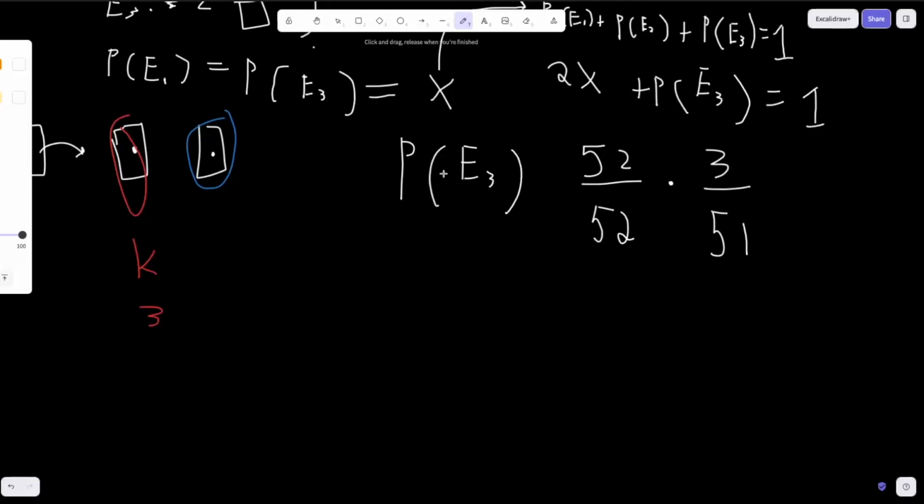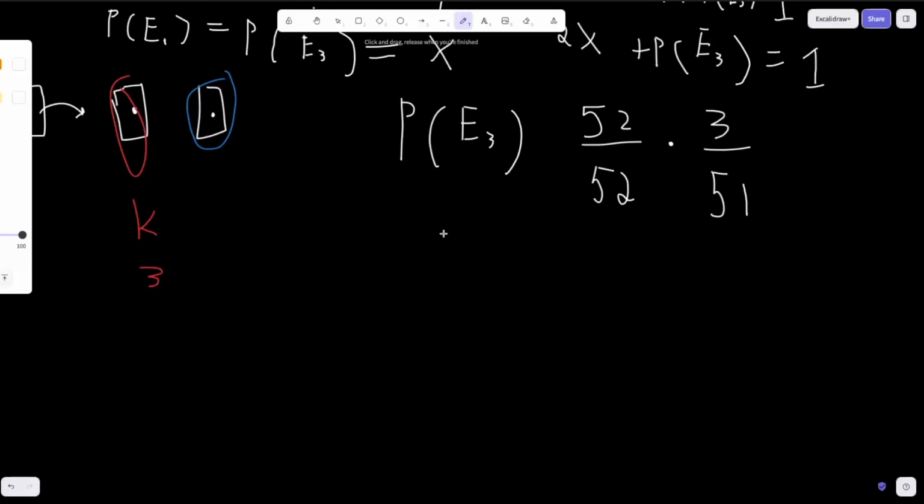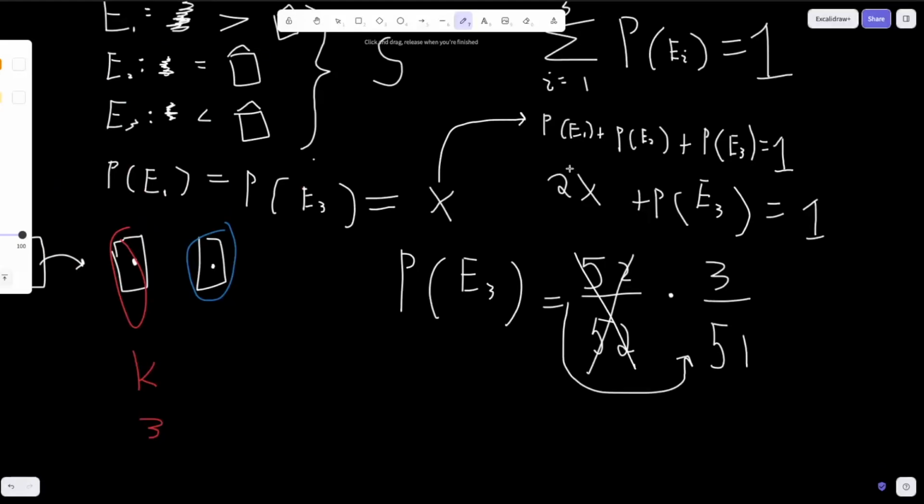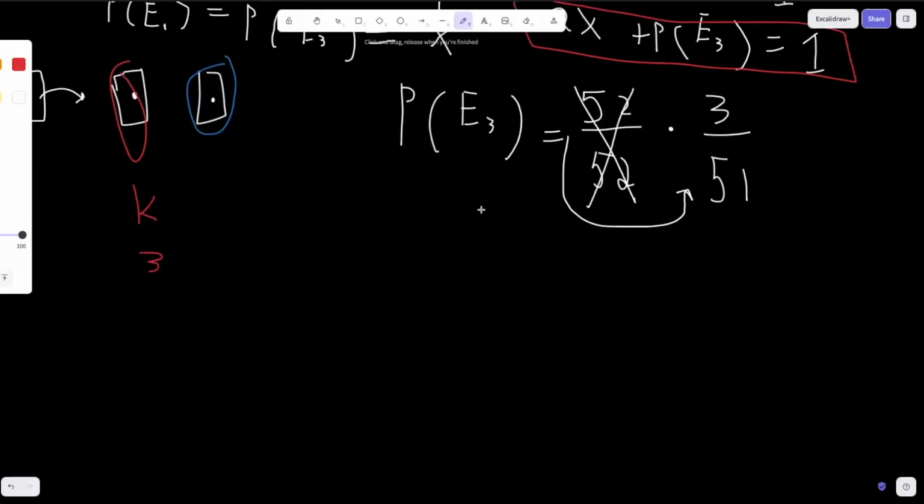So now we have the probability of event 3. So let's go back to our equation. And obviously, this is 1. So the probability of event 3 is really just this 3 over 51. So going back to our equation, right? Take a look at the equation. We said 2x plus the probability of event 3 equals 1.